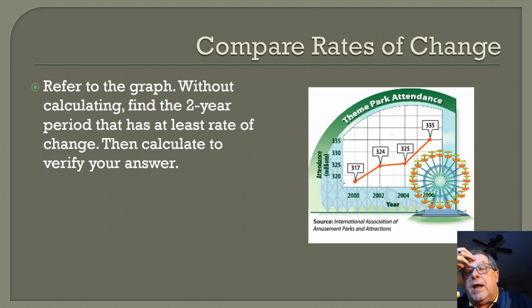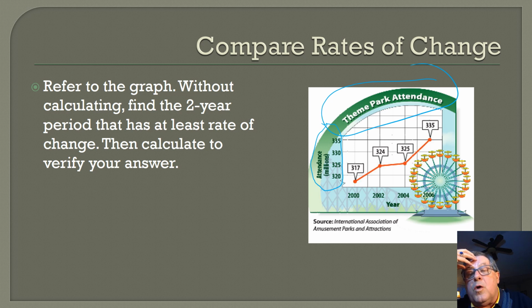Now, we've got a graph indicating theme park attendance, which I see right here, and on our vertical axis, or our y-axis, is giving us the attendance in millions. And so we've got a scale here.